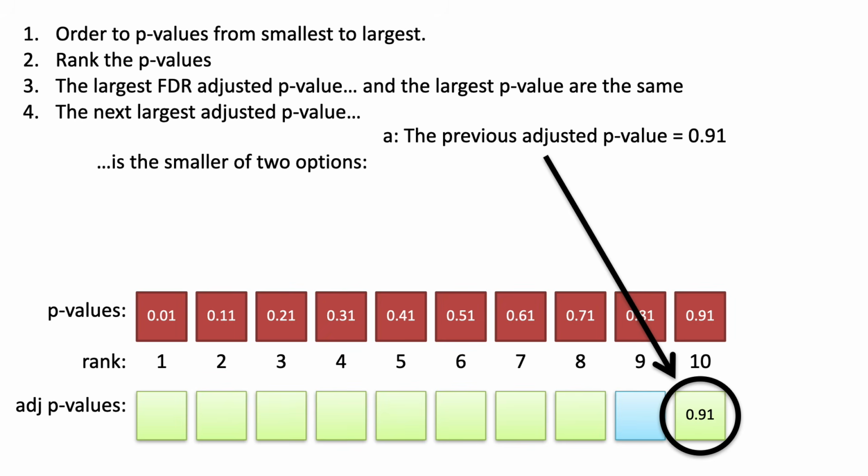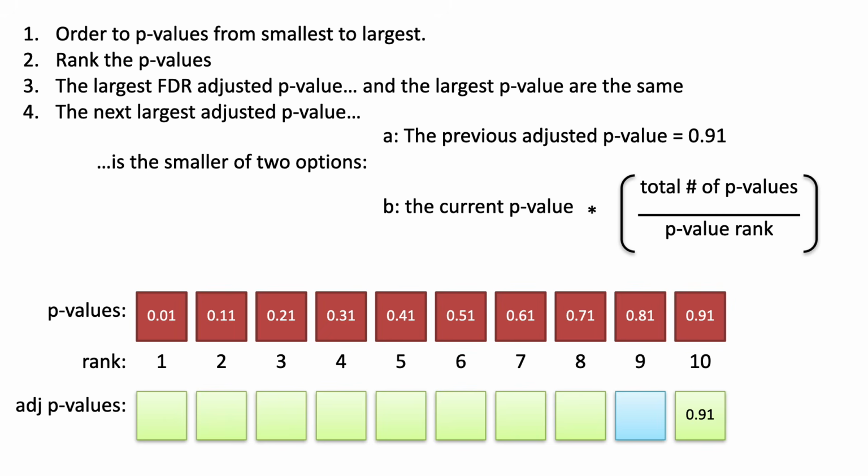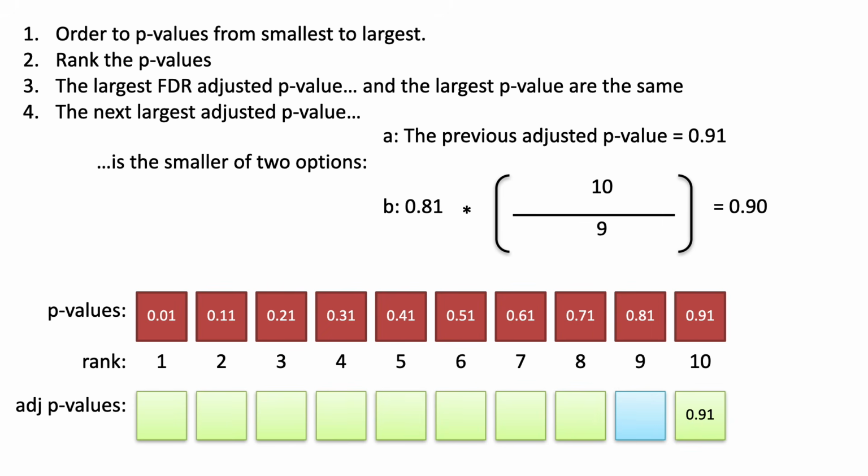Either the previous adjusted p-value, which in this case equals 0.91, or the current p-value times the total number of p-values divided by the p-value rank. In this case, the current p-value is 0.81, the total number of p-values is 10, and the p-value rank is 9. Plugging these numbers in, we get 0.90. Since we select the smaller option, we're going to go with 0.90.